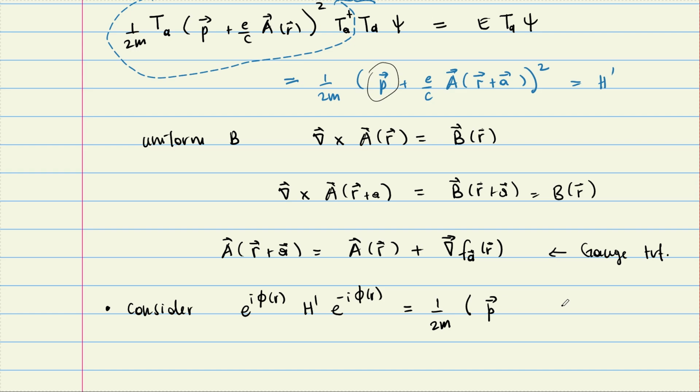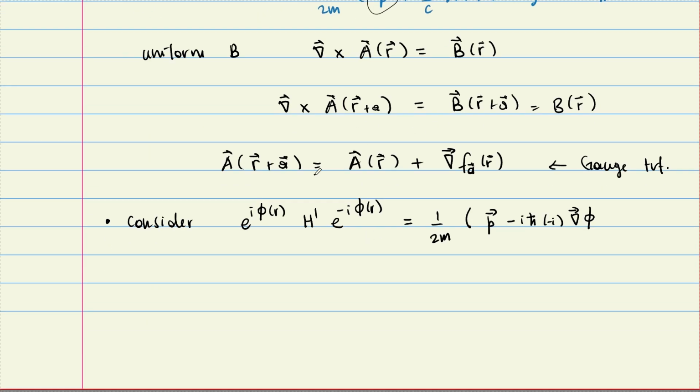This is P minus I h bar, and from the gradient we are going to bring down a minus I gradient of phi. Let me open up some space here.